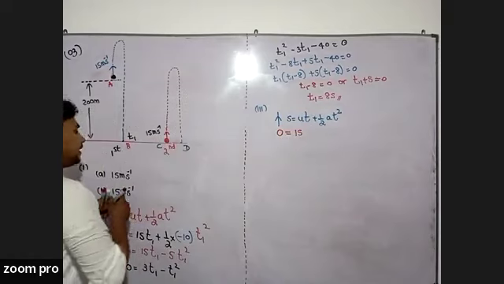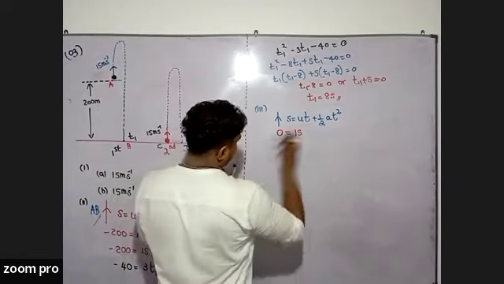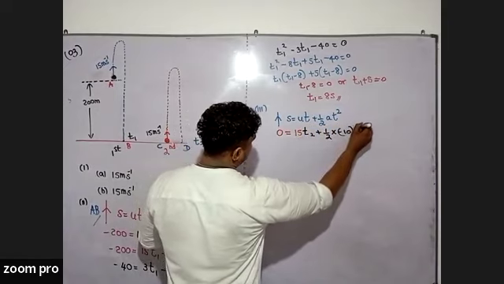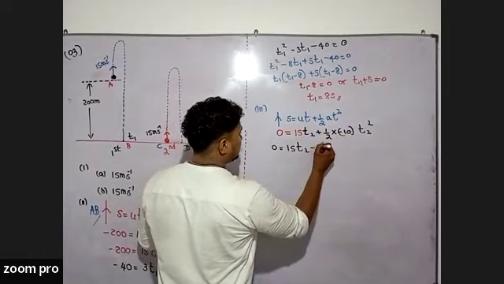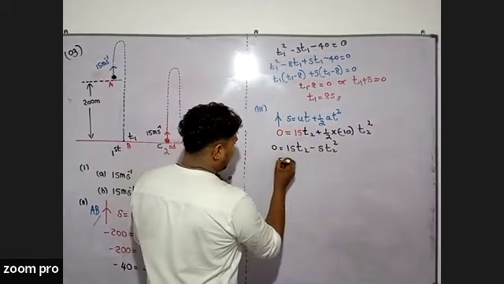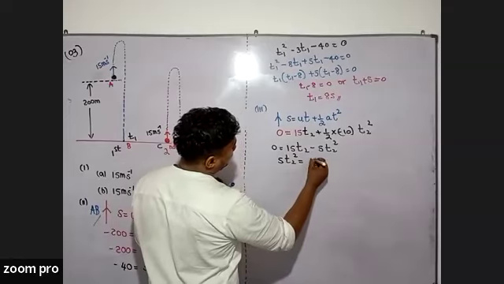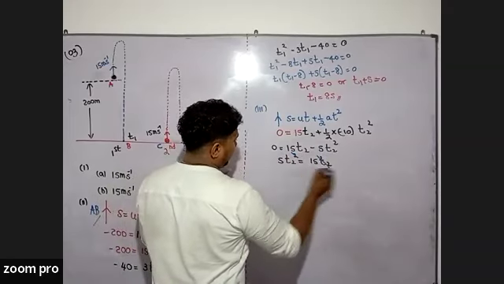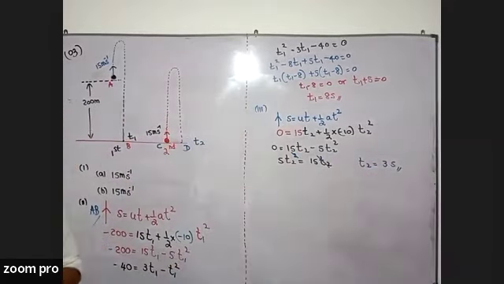Let's consider the time taken by the second stone to reach the ground as t2. Then it should be substituted as 15 t2 plus half times minus 10 t2 squared, so 15 t2 minus 5 t2 squared equals 0. When this term comes to the opposite side, 5 t2 squared equals 15 t2. Then we can simplify this, and t2 is equal to 3 seconds. Right. This is the answer for the third one.